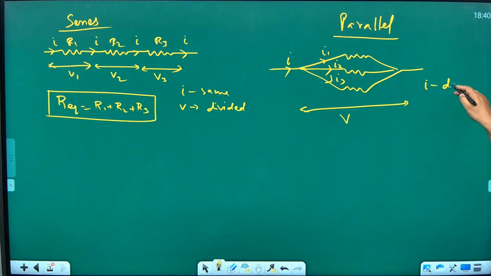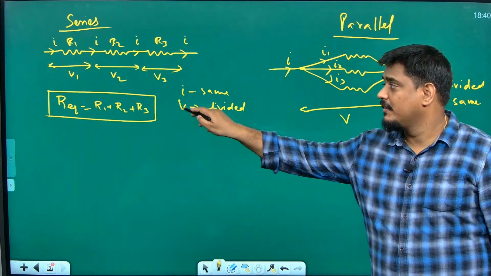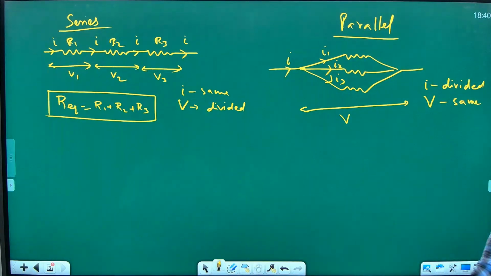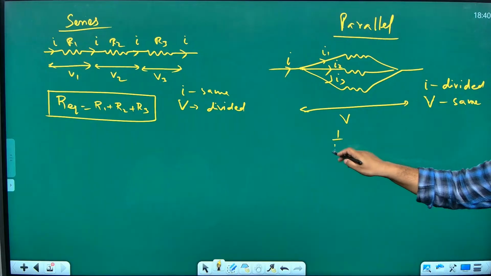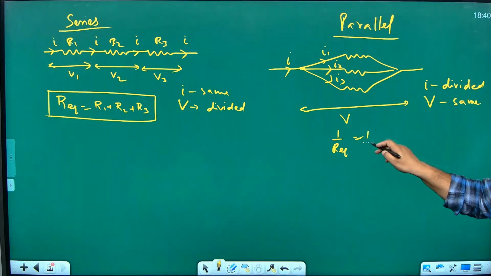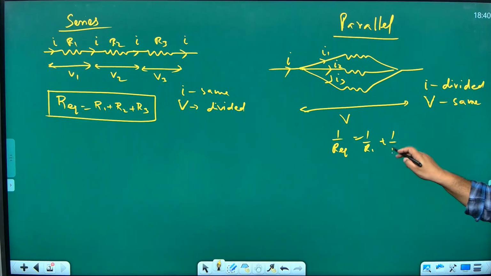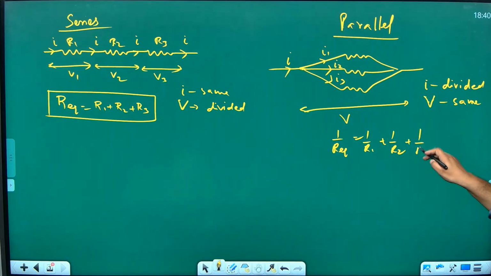Current gets divided. What remains same? Potential difference remains same. Never forget this, because on this logic only we derived this R equivalent value itself, and when we derived for this, we came to know that 1 by R equivalent is equal to 1 by R1 plus 1 by R2 plus 1 by R3.